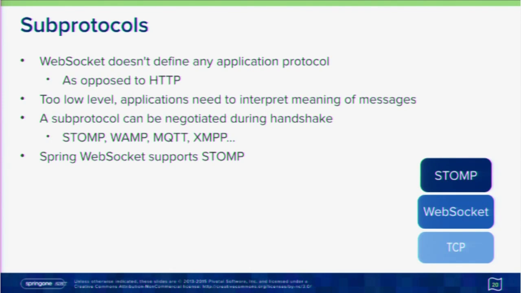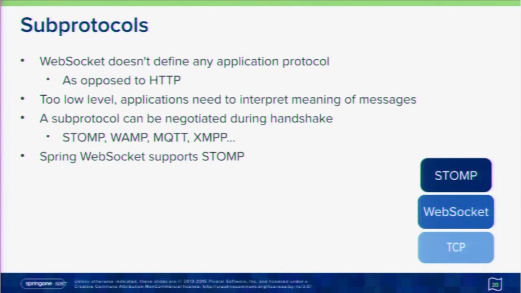So there are a lot of protocols that you can use, like STOMP, WAMP, MQTT, XMPP over WebSockets. So we see here an example of a stack where we're going to be in TCP, we're going to use a WebSocket connection, and on top of that, we use a specific protocol.